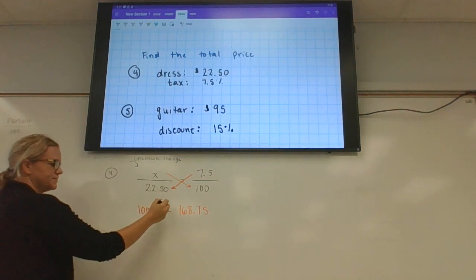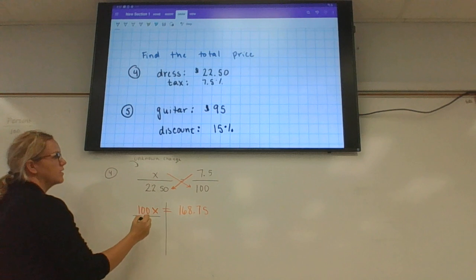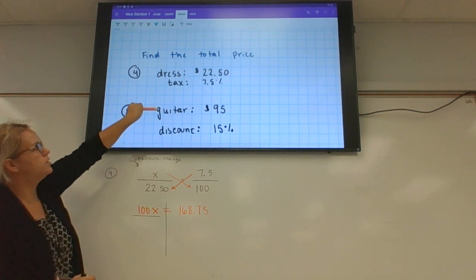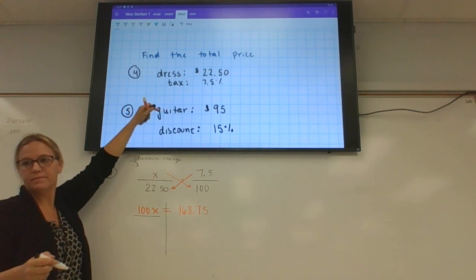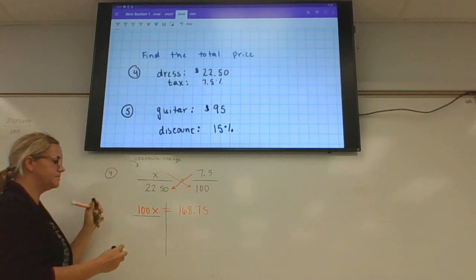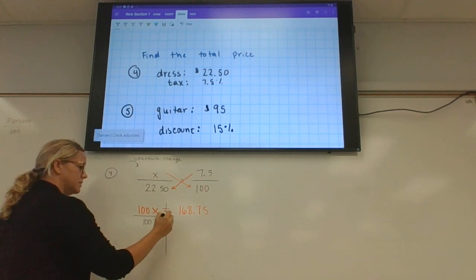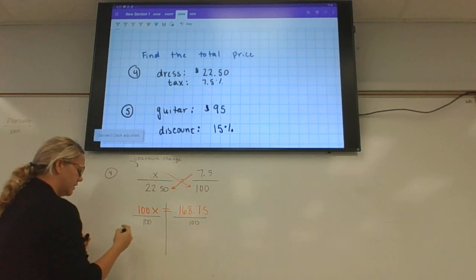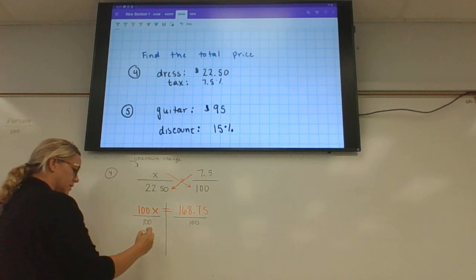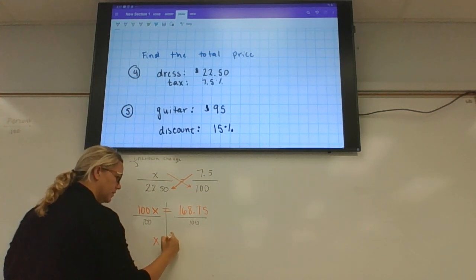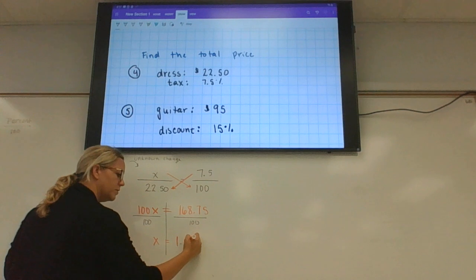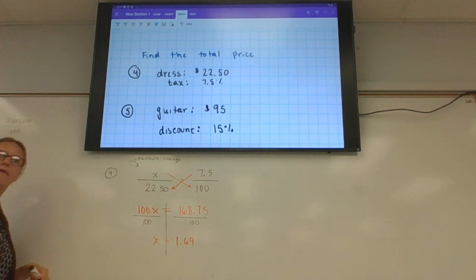Should I put the discount on the bottom? No, you're going to put the original cost of the guitar on the bottom. So the cost is original. Divide by 100. Let's go 1.69, right? Let's round that.